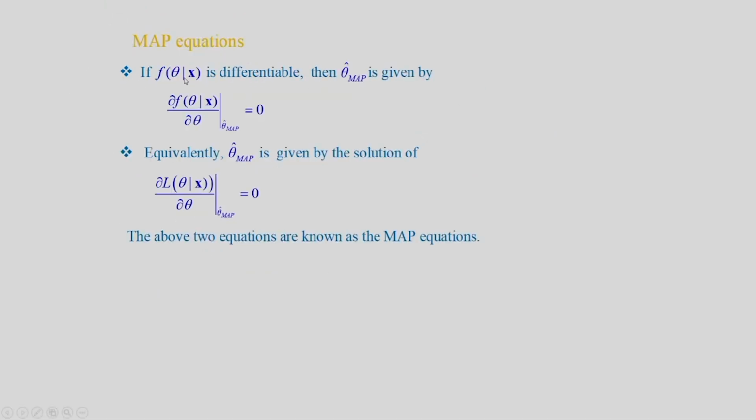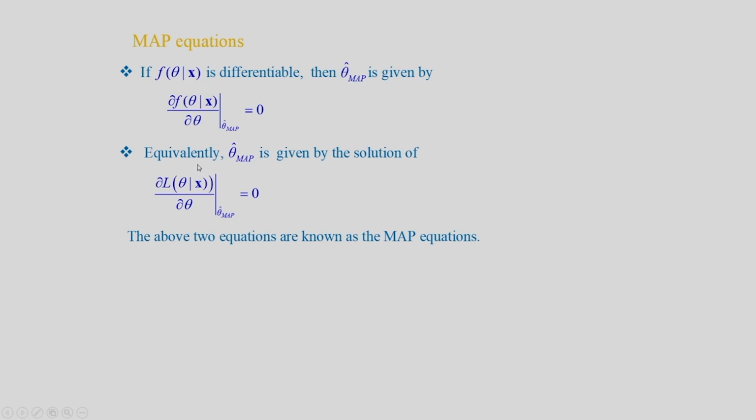Now, if f of theta given x, the conditional or a posteriori PDF, is differentiable, then theta hat MAP will be given by del f del theta at theta hat MAP equal to 0. So, the partial derivative of the a posteriori PDF at theta hat MAP is equal to 0.